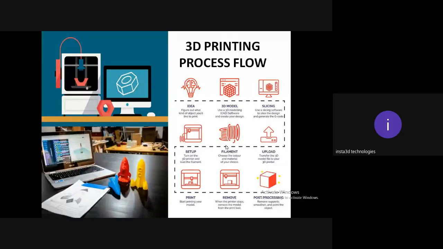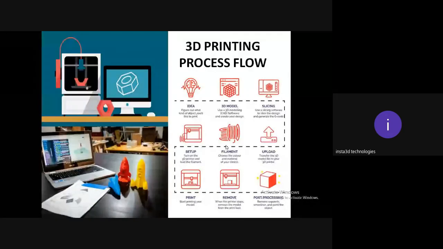The software slices our model with a set of parameters. In the upcoming slides, I will brief you regarding the parameters and design factors. The sliced object will be in an STL format, stereolithography or standard tessellation language.